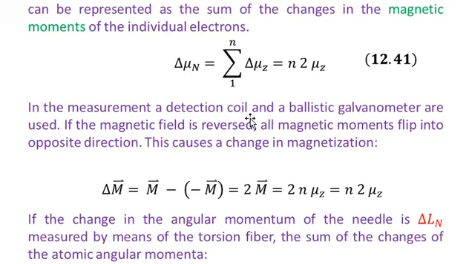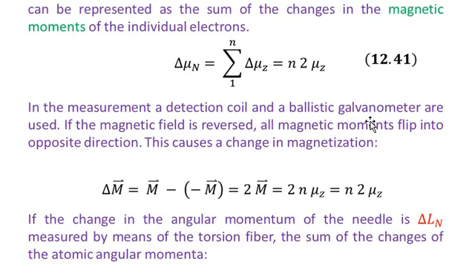In the measurement, a detection coil and a ballistic galvanometer are used. I have not shown these two instruments, the detection coil and the ballistic galvanometer. These are used in the setup to measure the change in the magnetic field, and the ballistic galvanometer is also used to measure the current flowing in the coil.